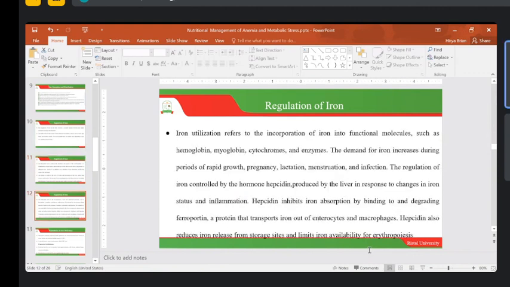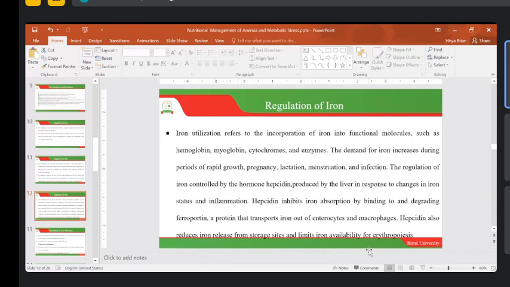For the regulation of iron, we are looking at utilization. We were looking at intake earlier and absorption, but now we are also looking at utilization. So iron utilization refers to the incorporation of iron into functional molecules, such as hemoglobin, myoglobin, cytochrome, and also the enzymes.